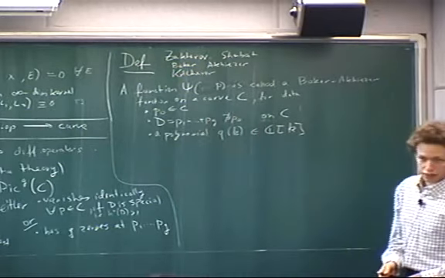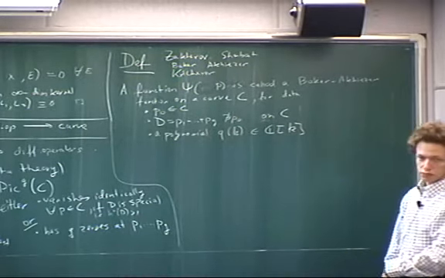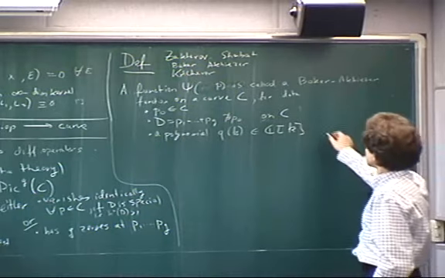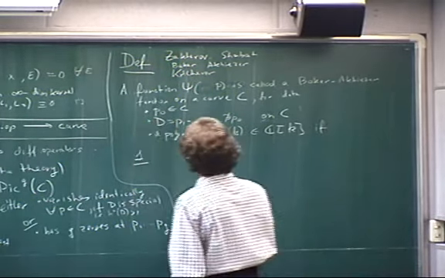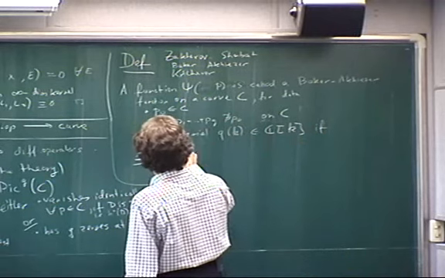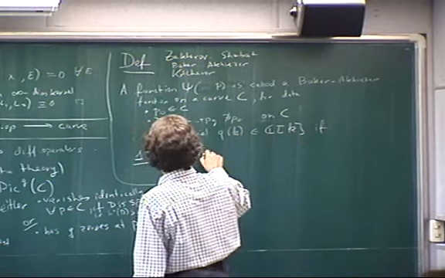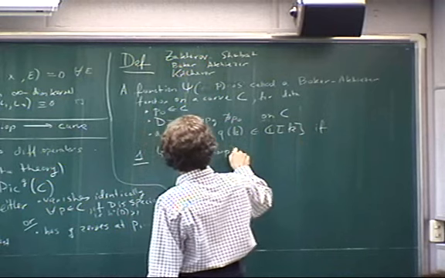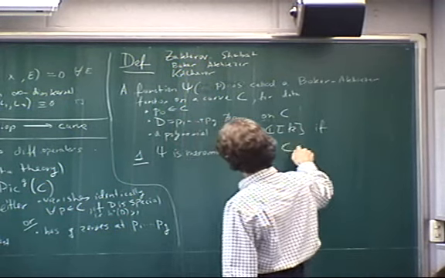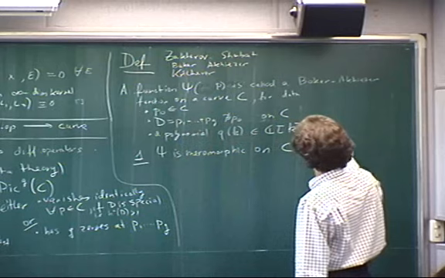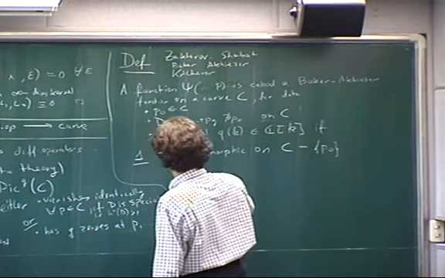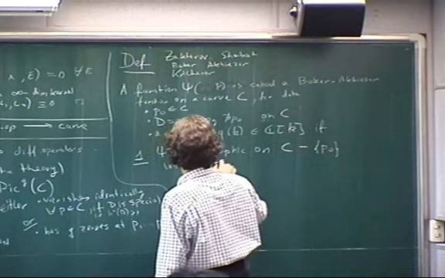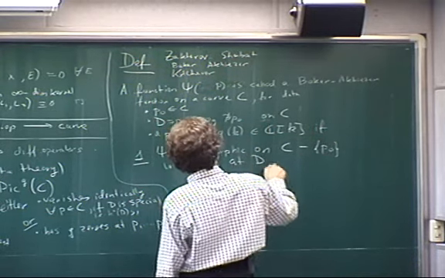and I'll call the variable K, which should remind you of the K we had before, if the following holds: 1, psi is meromorphic on the curve C without the point P naught, with poles at the divisor D only.